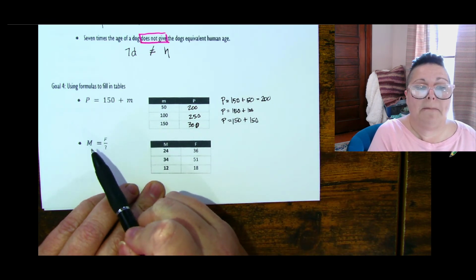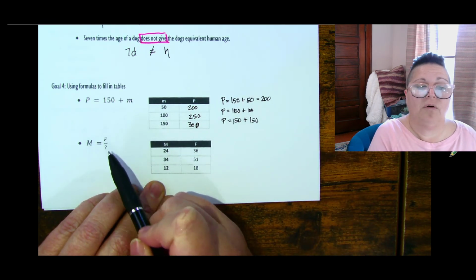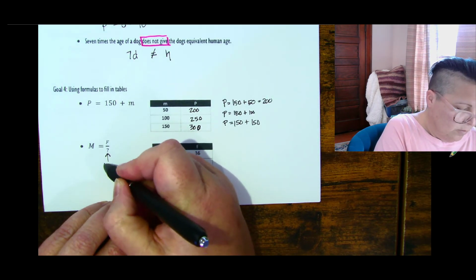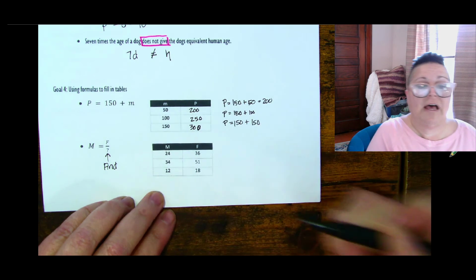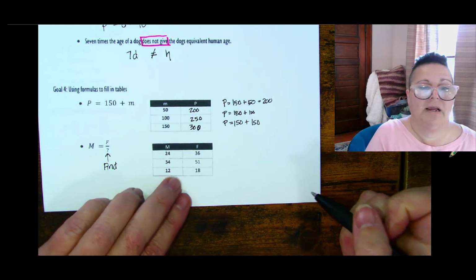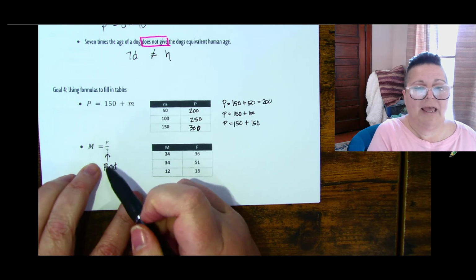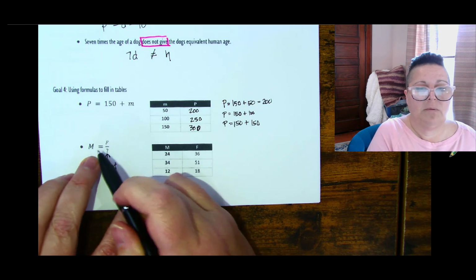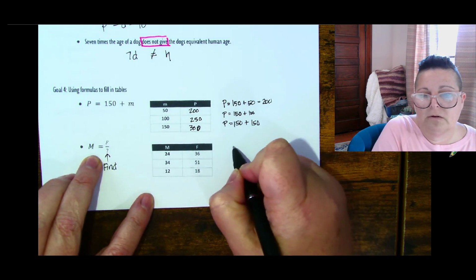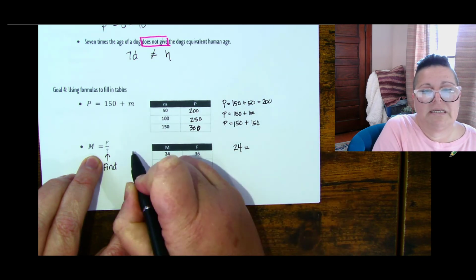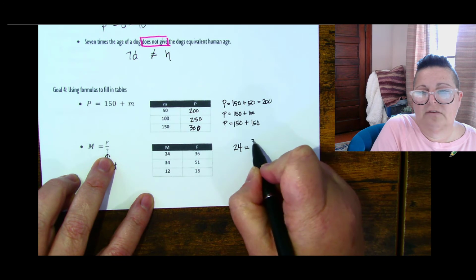Notice I know that M is equal to F over some unknown question mark. This is what we're going to find. We're going to expect to find this, right? That's my formula. So what do I have here? Well, I know that when M is 24, this is going to equal 36 over something.